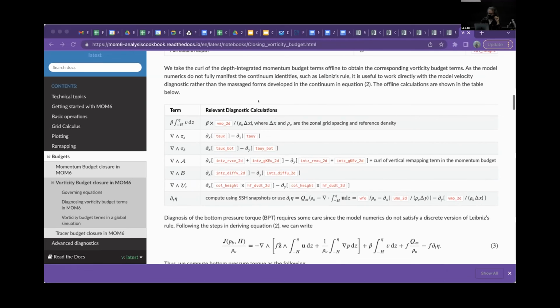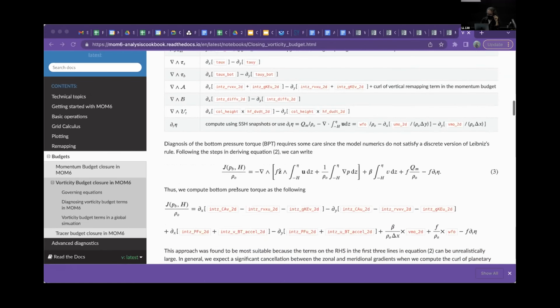Here's your diagnostic calculations. The beta term: the depth integrated velocity times beta gives you the meridional transport by planetary beta. You have to calculate beta times that VMO 2D. The wind stress curl, you just take the curl of the wind stress. Then the bottom drag term, and then you calculate the nonlinear terms and bring them all together.